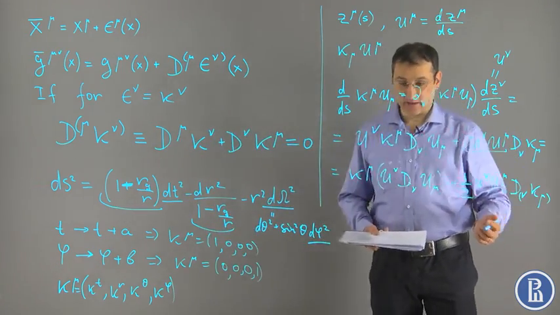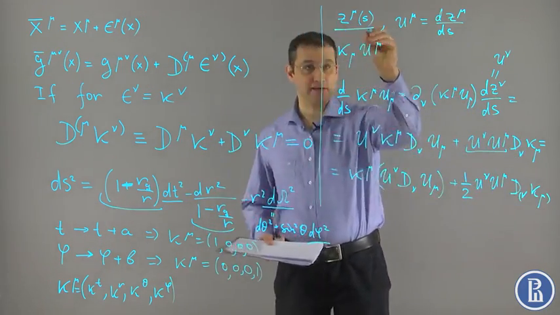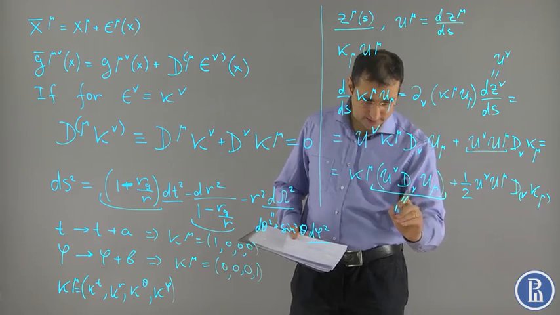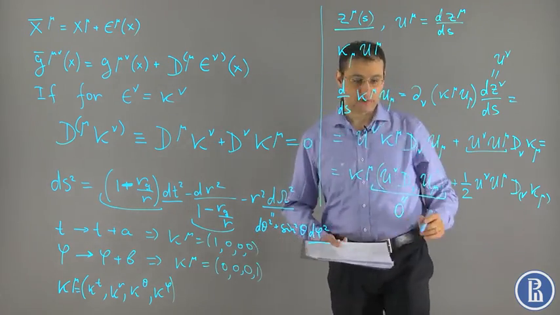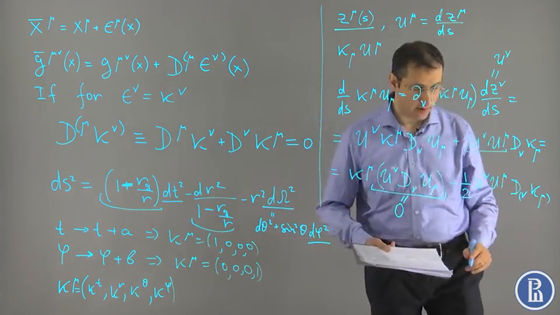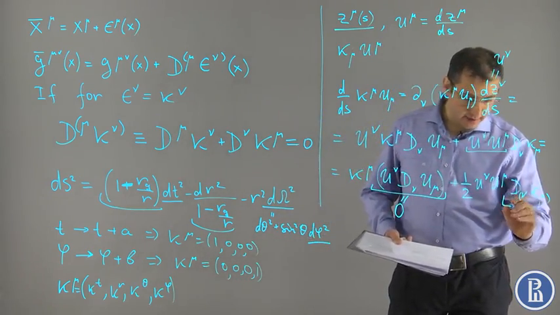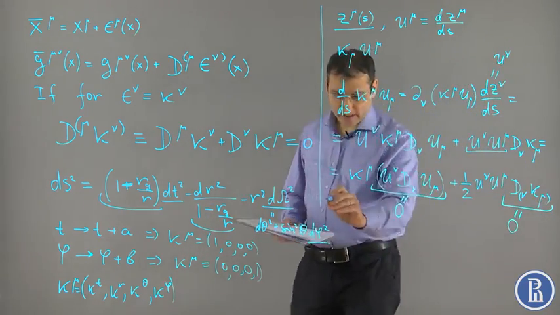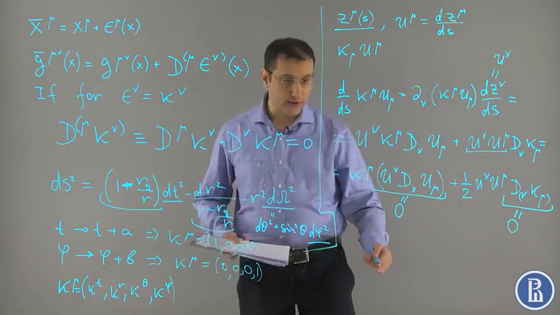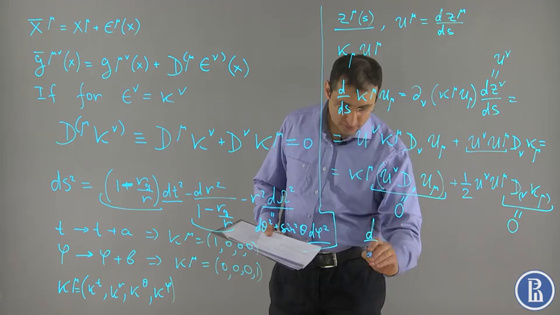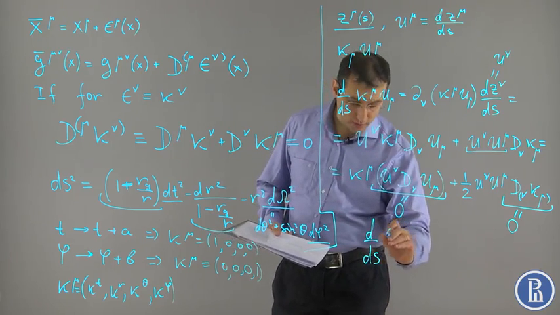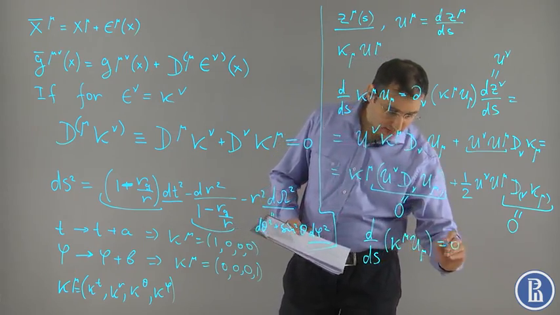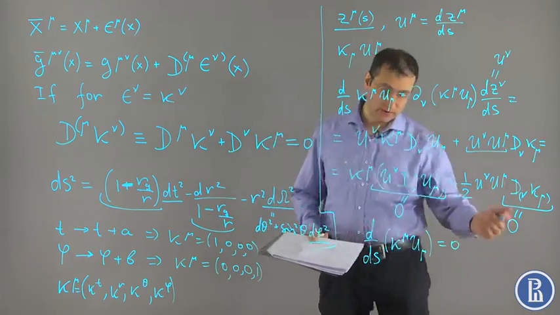So now one can see that if the motion goes along a geodesic, then the first term is 0, because this is the equation for the geodesic. And if k is a Killing vector, then the second term is also 0. As a result, we obtain the following conservation law: this quantity doesn't depend on proper time for the motion along the geodesic.